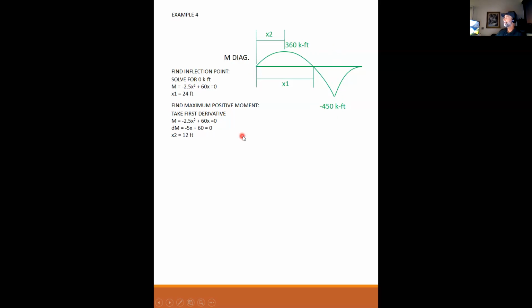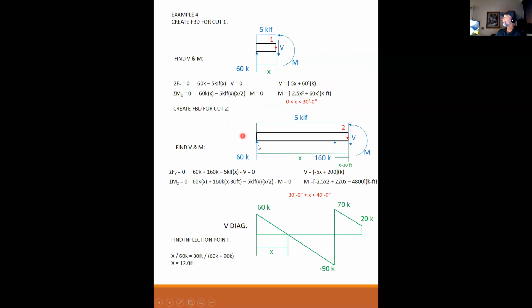The equation for the moment, let's go back up here a second. The equation for the moment here, if I plug in 30 into this x, I get minus 450. But this equation here, if I plug in the same 30 feet, I had better get the same answer, minus 450. And I do.